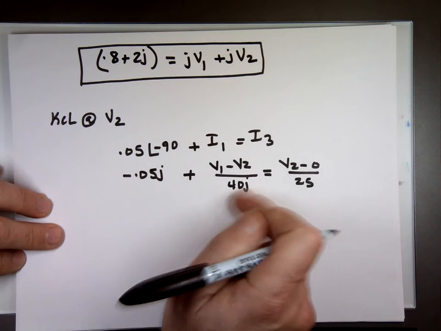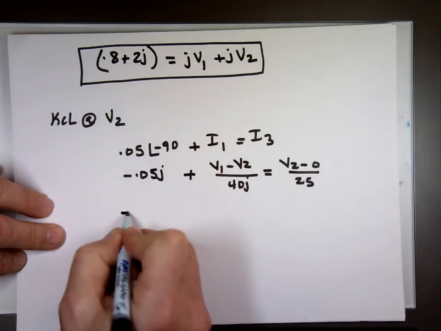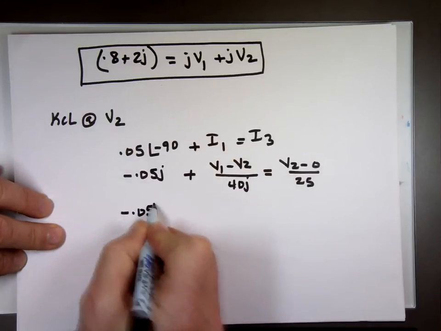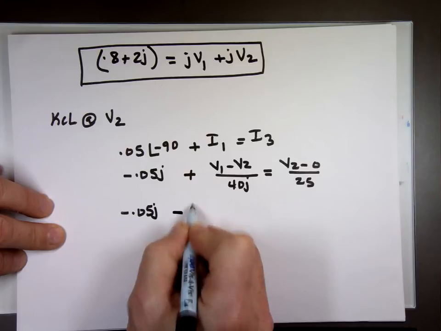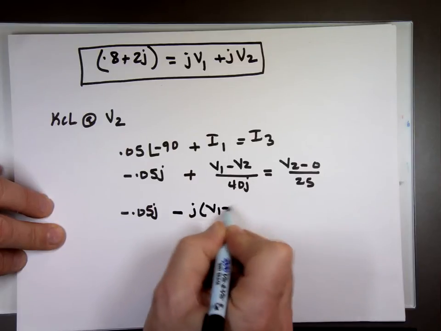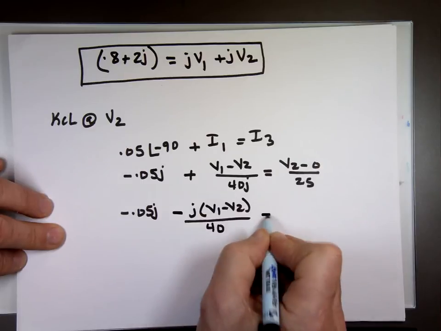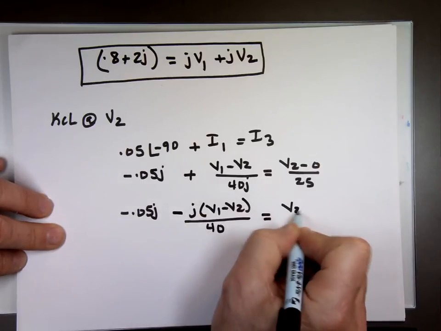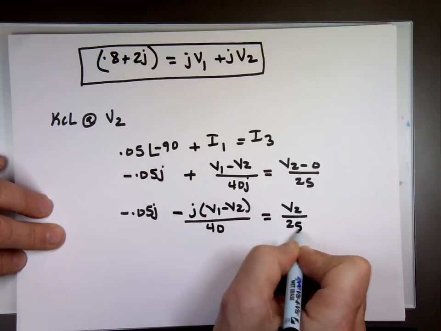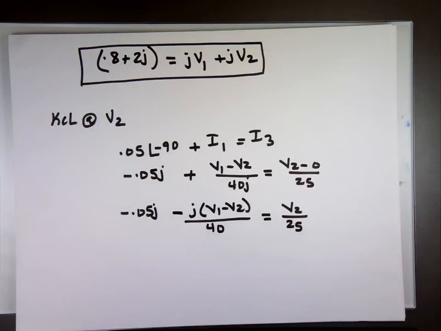I can take the j to the top, make it a negative j, minus j times V1 minus V2 over 40 equals V2 over 25. 40 and 25, what's the LCD? 200, is it? I think 200.